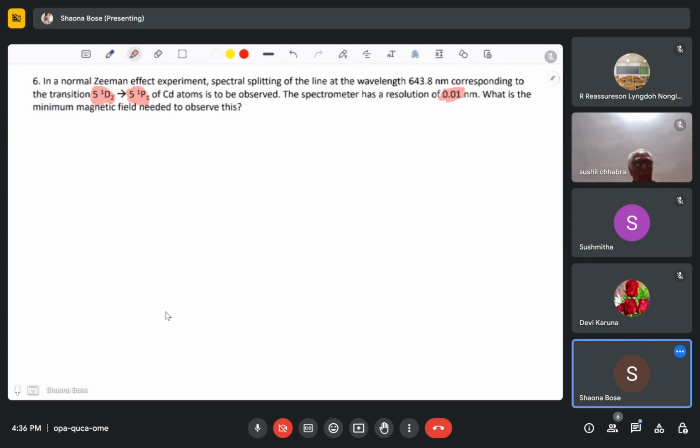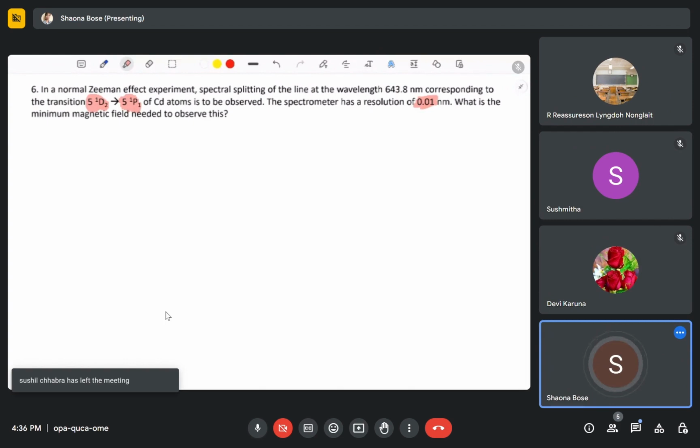Okay, so due to Ellis coupling, you have this kind of terms here, but those have some degeneracy. So unless you apply an external magnetic field, these lines won't split. Okay, splitting of the spectral lines in the presence of electric field, what is that called?